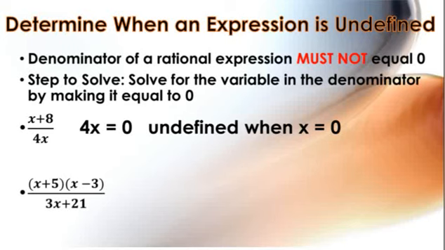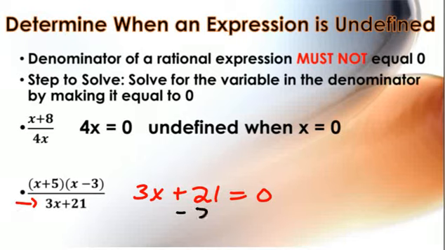So let's take a look at this example. We only want to find out what x has to be for this whole expression to be undefined, so I only look at the denominator. I take my denominator, 3x plus 21, make it equal to 0, and then we use our two-step process to solve for a variable.